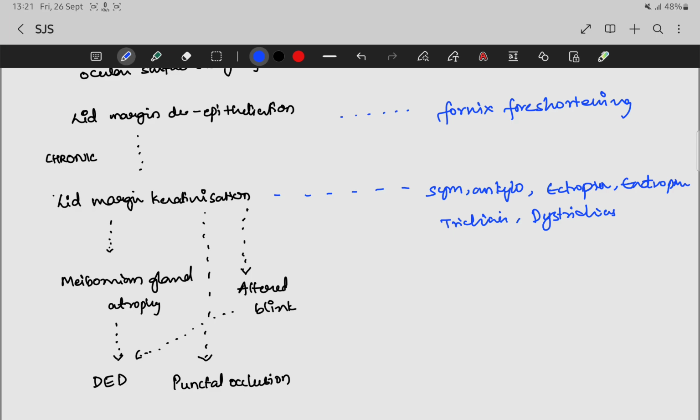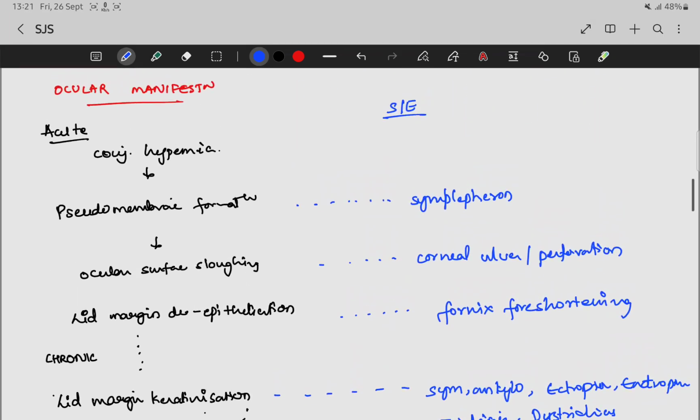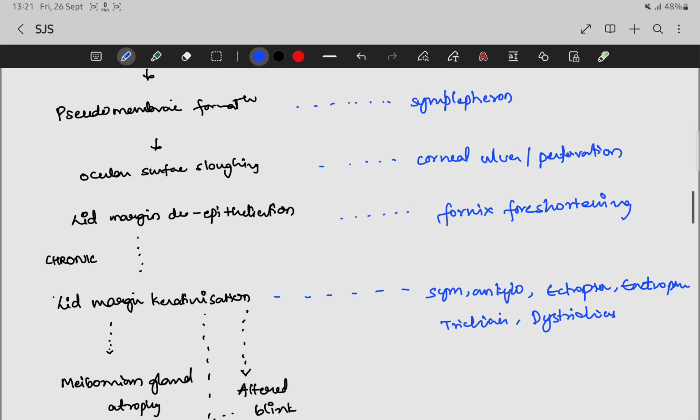So all these are the acute and chronic ocular manifestations and their sequelae. All this can finally lead to end stage corneal blindness.